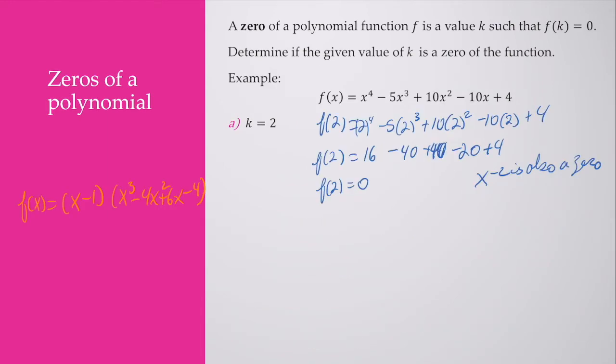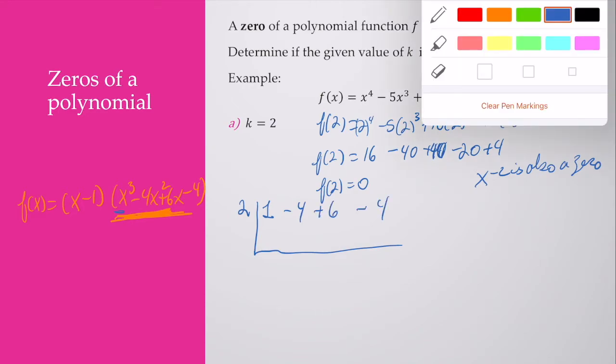Since x minus 2 is also a factor, it must be a factor of this. So we can do synthetic division again. We must divide to keep simplifying this. I've got 2 times 1x cubed minus 4x squared plus 6x minus 4.